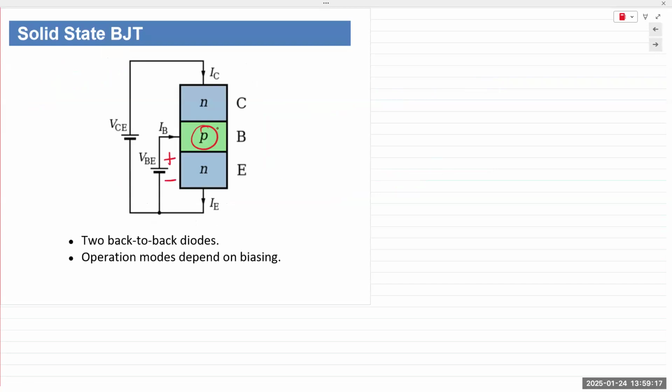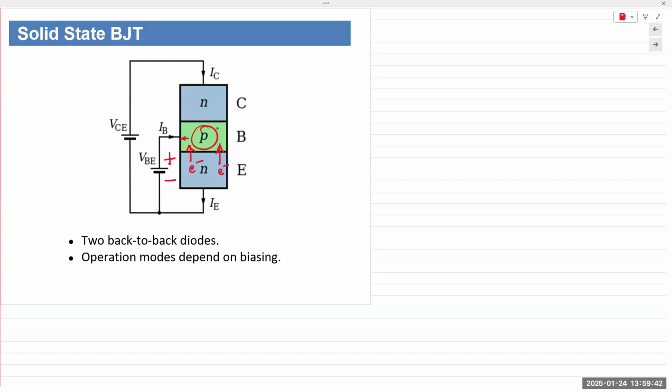Emitter base junction is forward bias. What happens in forward bias? Electrons from the N side cross over into the P side material. They recombine with the holes and current flows through, right? But the base is lightly doped, so the electrons that cross over are going to recombine and cause a small base current to flow.